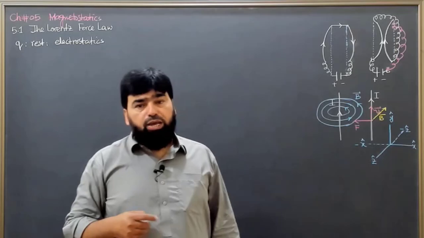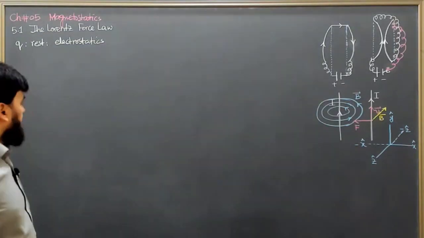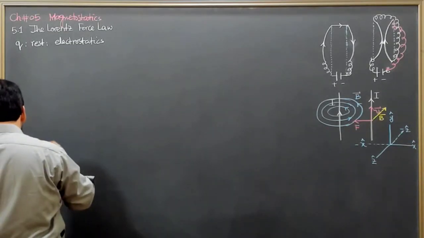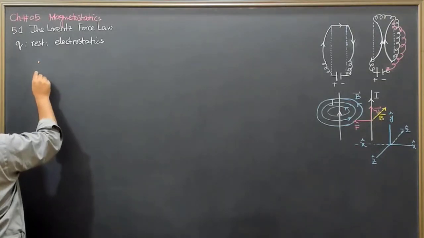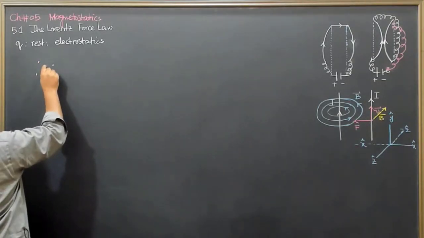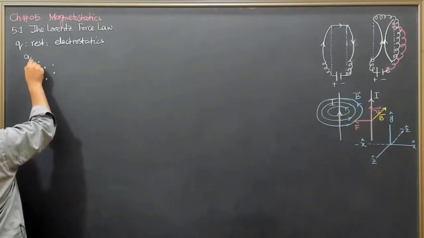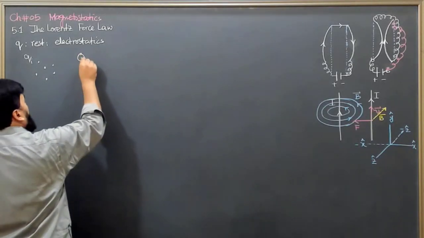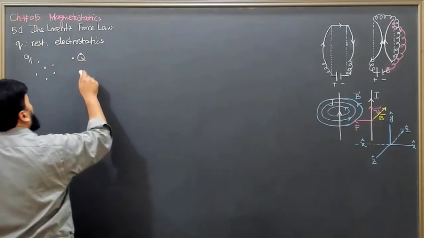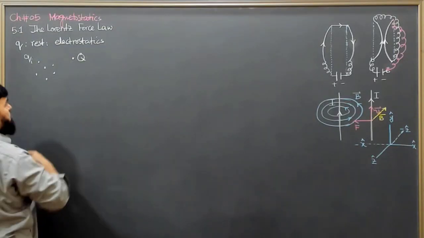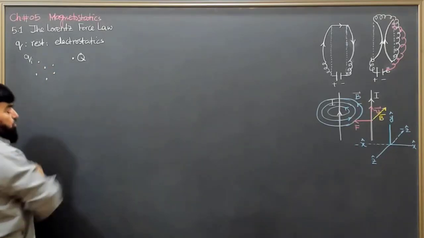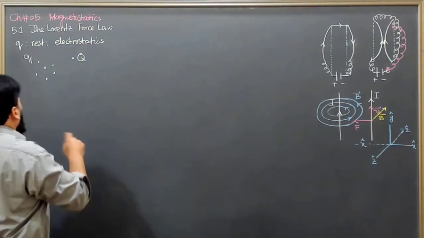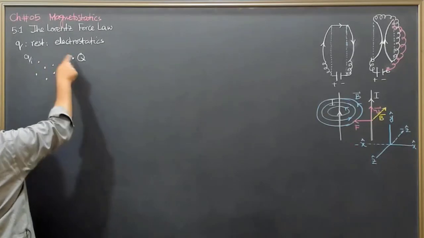Now, why did magnetostatics start? If I consider different charges, like for example Q1, Q2, Qi, and so on, and there is a test charge Q, then this charge will experience force from these charges, and with the help of the superposition principle, we will calculate the force on this test charge from these source charges.